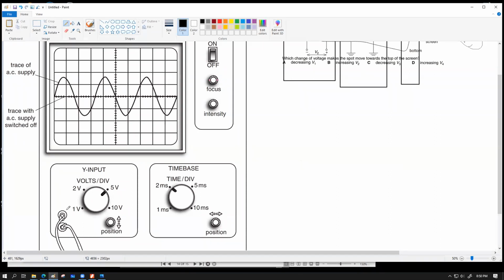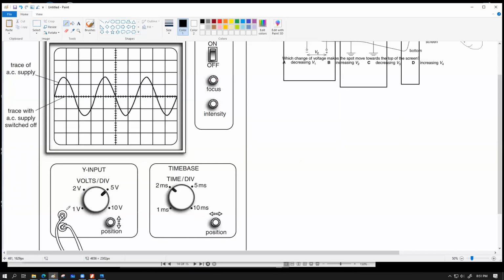Now have a look. What would be the implication of the symbol minus 2.0 volts? What this symbol essentially means is that if a positive voltage moves the electron beam trace in the upward direction, then a negative voltage is going to move it in the downward direction, and the math simply works.